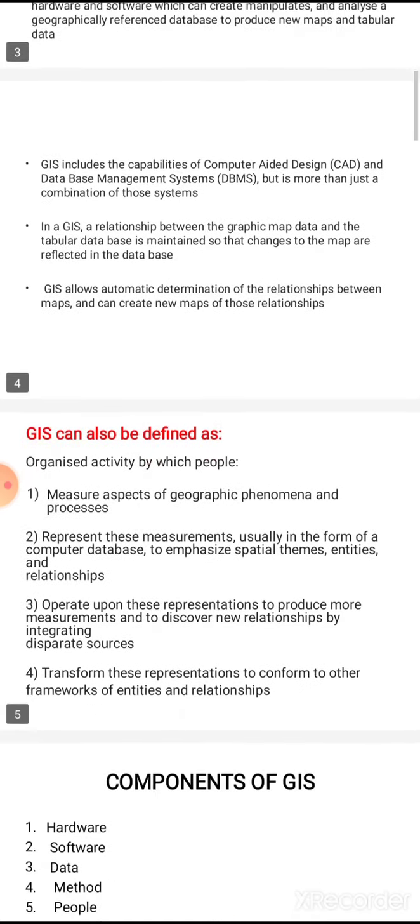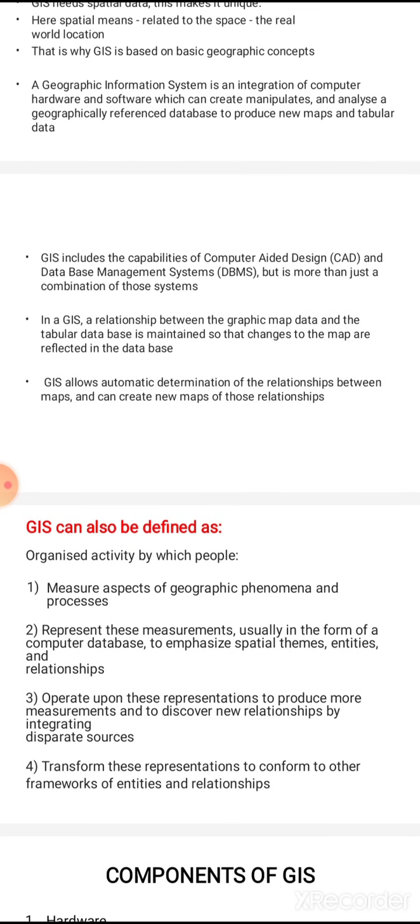Okay. Next, GIS can also be defined as an organized activity by which people measure aspects of geographic phenomena and processes, represent these measurements usually in the form of a computer database to emphasize spatial themes, entities and relationships, operate upon these representations to produce more measurements and to discover new relationships by integrating disparate sources, and transform these representations to conform to other frameworks of entities and relationships. Actually, this definition says GIS is an organized activity by which people do these four things.